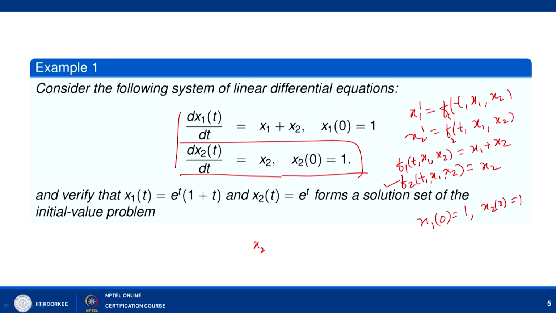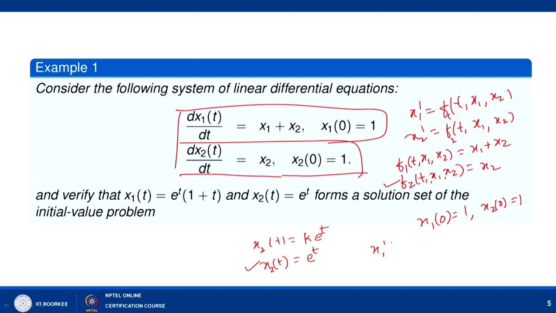You can find that x2(t) is a constant times e^t, and the condition x2(0) = 1 fixes the value of k, so x2(t) is given as e^t. Once x2(t) is given, you can use the first equation, dx1/dt = x1 + x2, and find the value of x1 also.